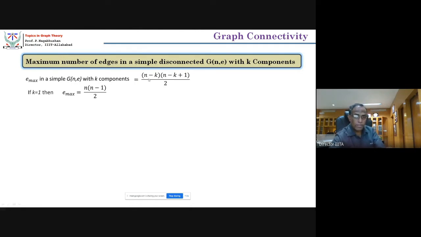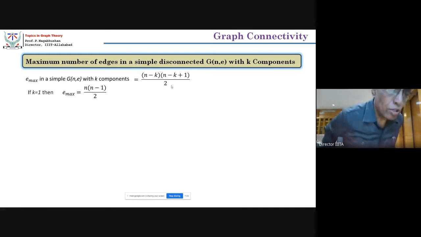Now, how to derive this? (n minus k)(n minus k plus 1)/2 is the maximum number of edges. Please follow the derivation carefully, and if you do not understand, you can unmute yourself and ask me.